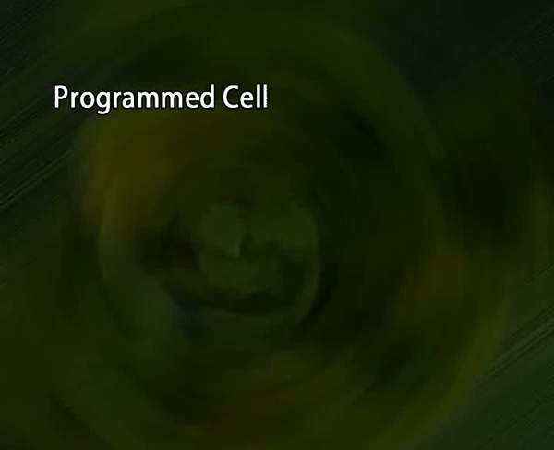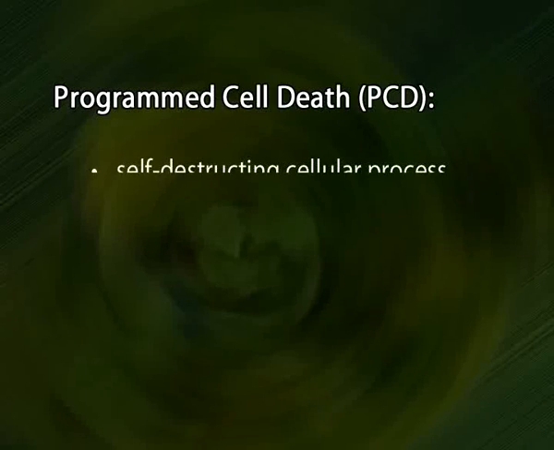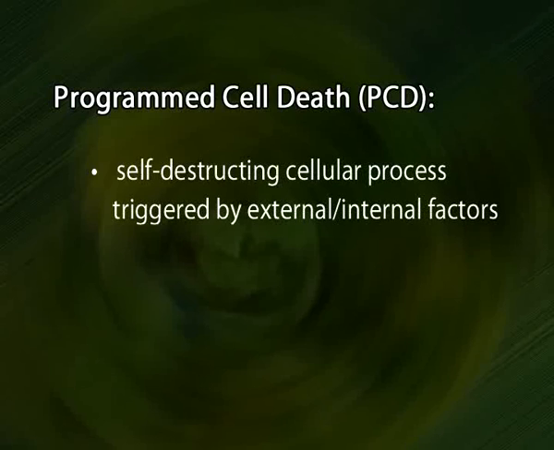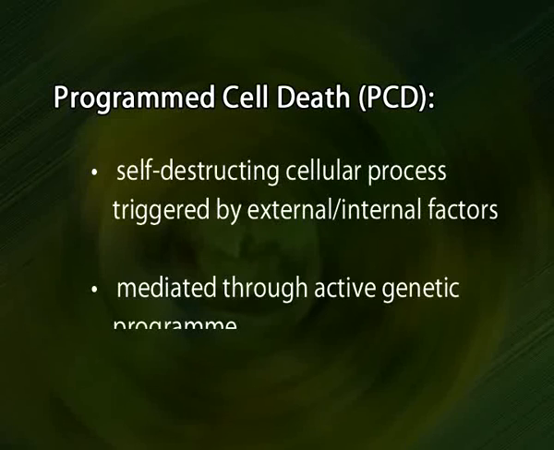Leaf senescence involves cell death that's controlled by age under the influence of other endogenous and environmental factors. Programmed cell death is a self-destructing cellular process triggered by external or internal factors and mediated through an active genetic program.